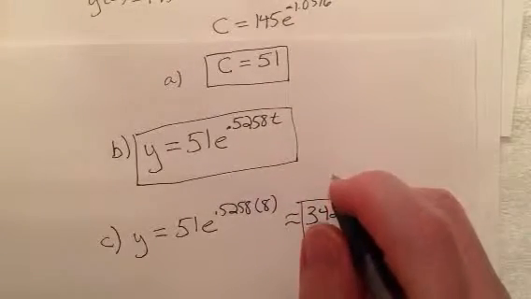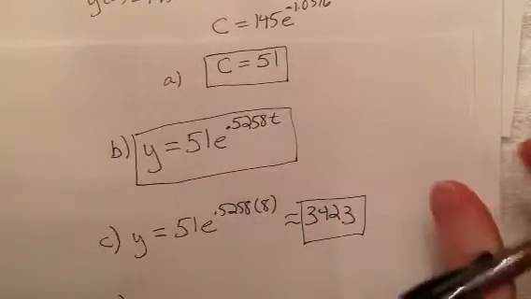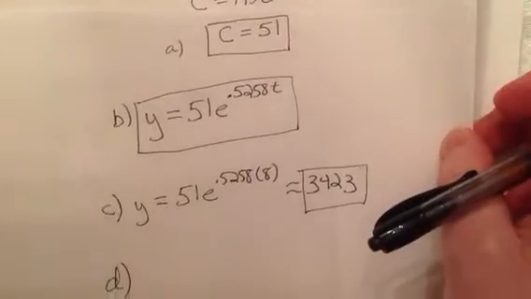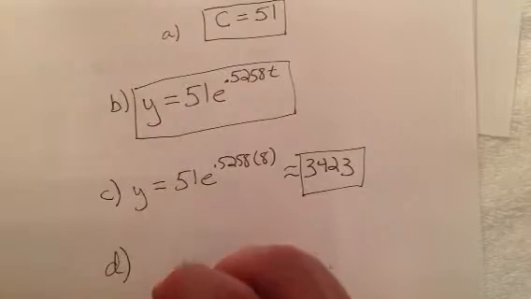Now as for part D, we're looking at how long it is going to take for the number of bacteria to reach 20,000.